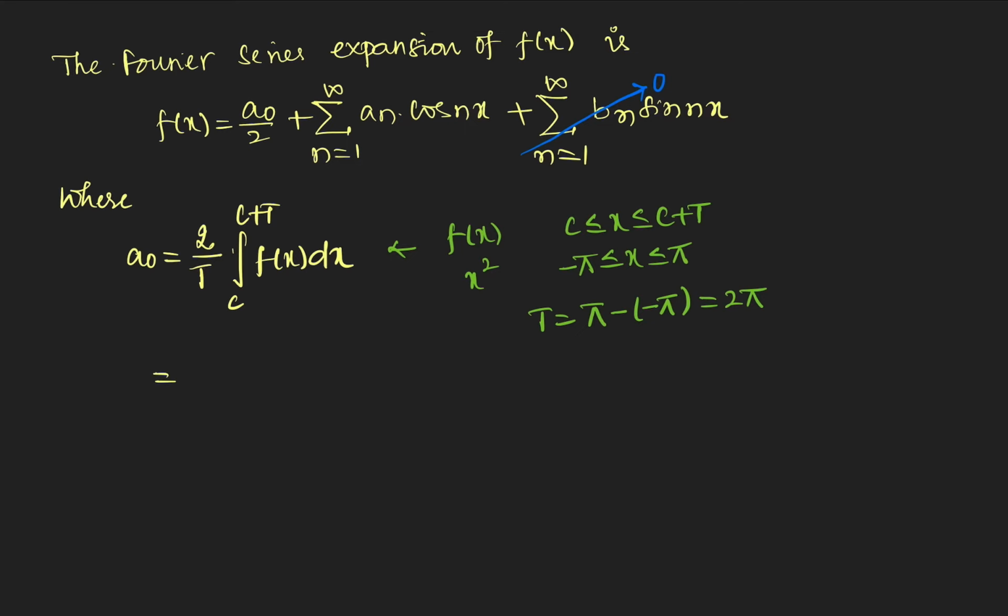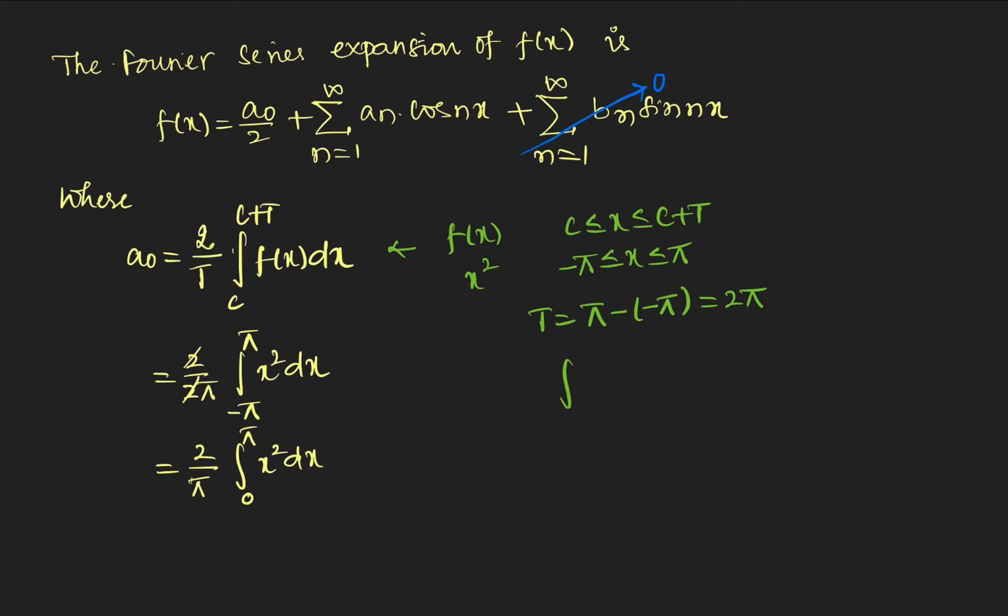So we will get 2/(2π), limits from -π to π, f(x) is x² dx. Since the function is even, we can write the integral as 2/π, with -π to π changing to 0 to π because 2 is multiplied here. So 2/π times the integral from 0 to π of x² dx.